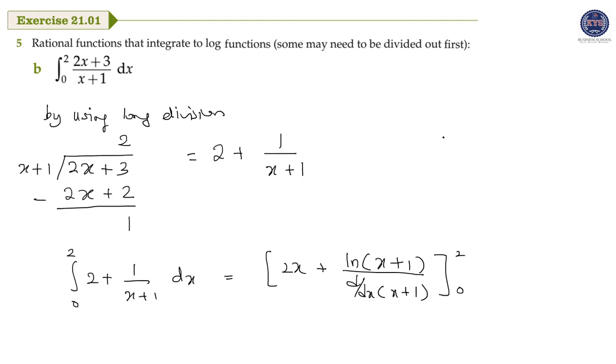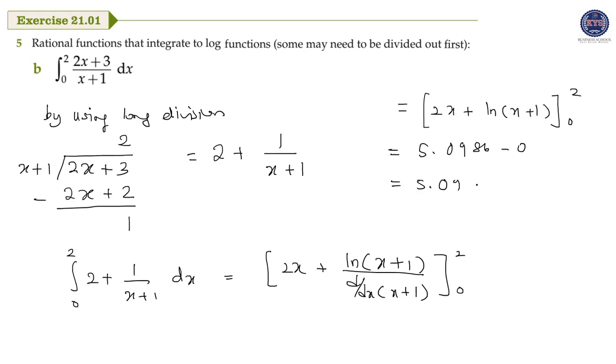So 2x plus ln x plus 1 over 1. Tak perlulah letak over 1. So substitute with the upper limit and lower limit. Therefore you akan dapat kat sini ialah 5.0986 minus 0. Therefore final answer is 5.0986.